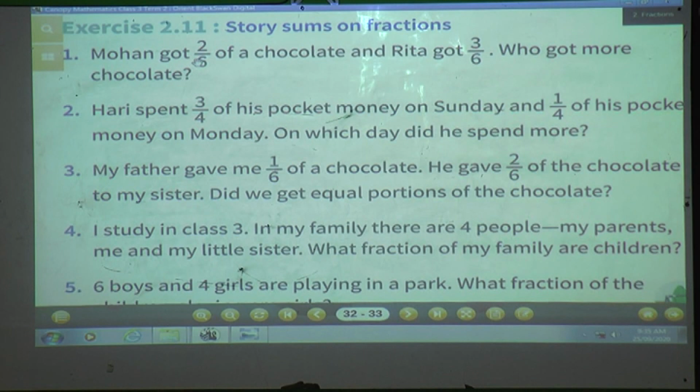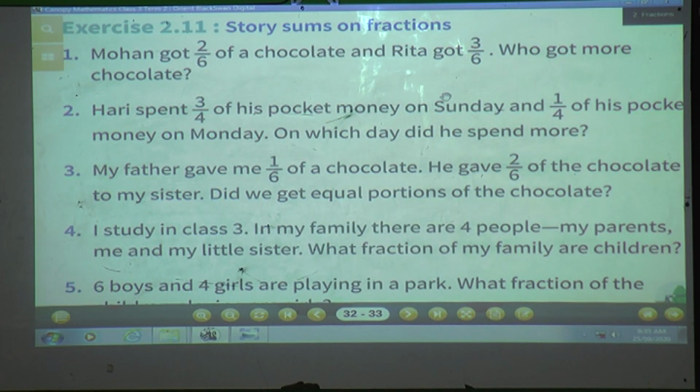Mohan got 2/6 of a chocolate and Rita got 3/6. Who got more chocolate? See, what is the question? Here, what do we have to do?